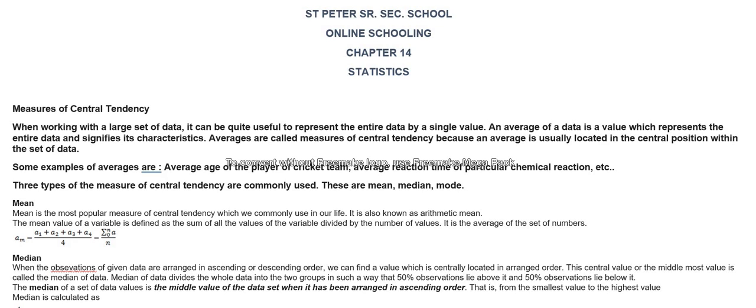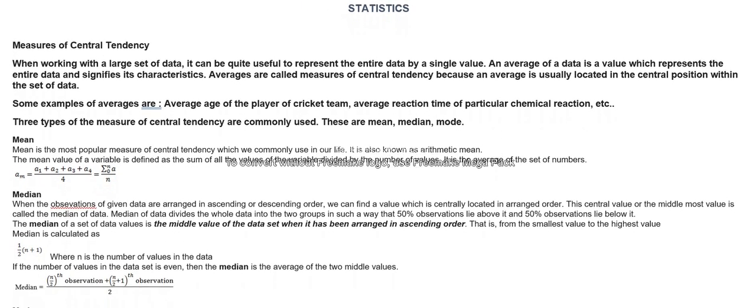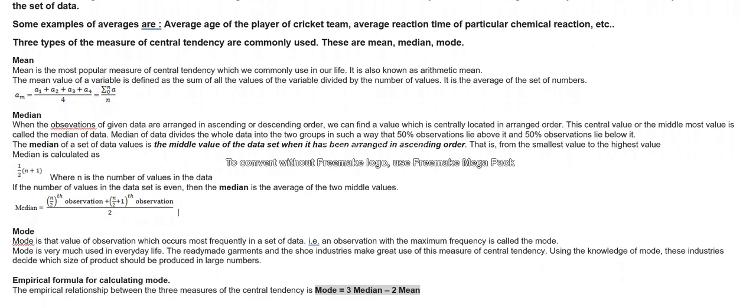The mean is the most popular measure of central tendency. It is very commonly used in our life. It is also known as the arithmetic mean. The mean value is defined as the sum of all values divided by the number of values.